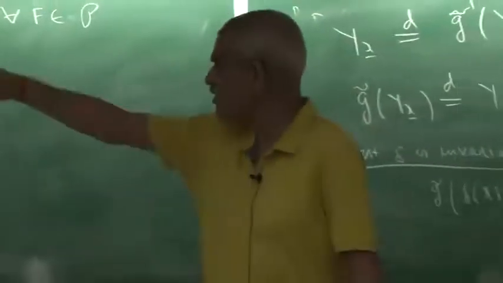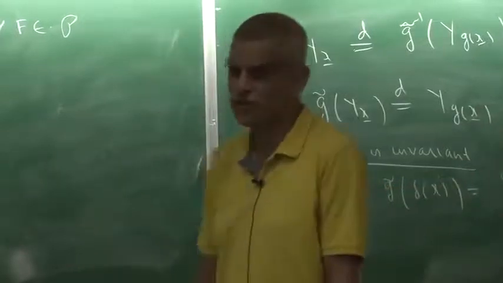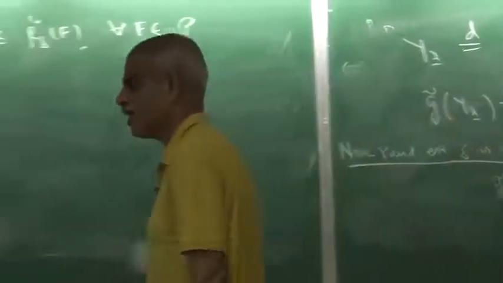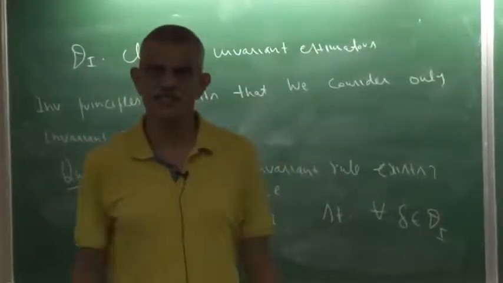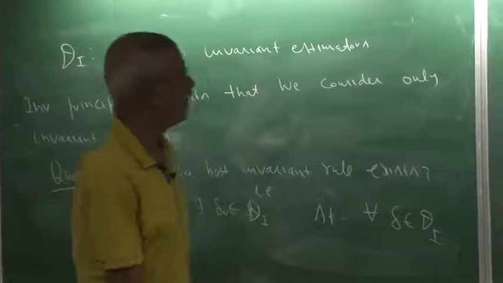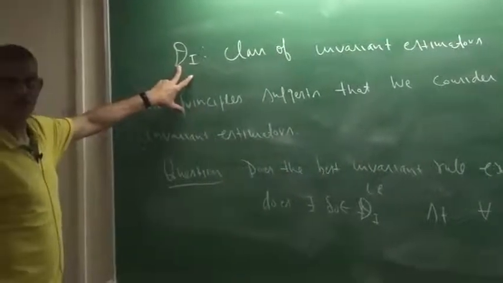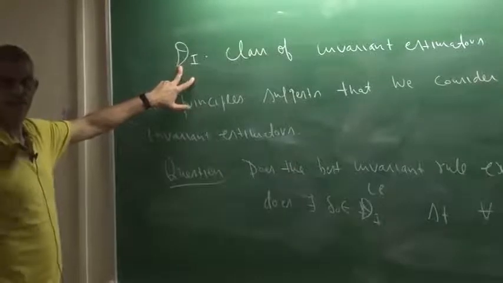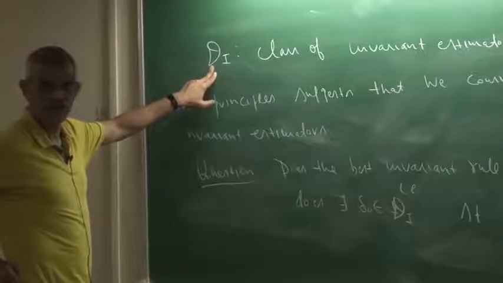Now note that if my class of estimators was not D_I, but the class of all estimators, such a thing is not possible, because we saw last time that there are these constant estimators which always minimize the risk at a single point. But now I have restricted my class of estimators, the way we restricted our class of estimators by imposing the criterion of unbiasedness.